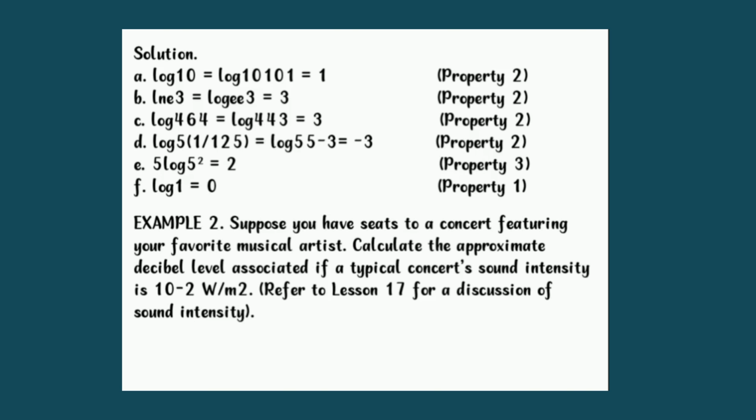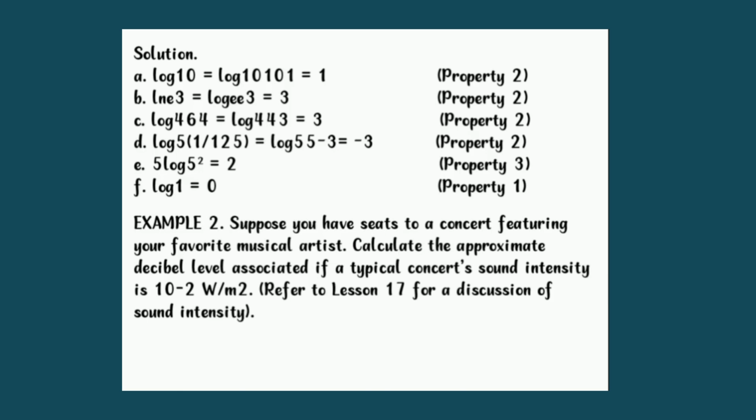For our example number 1, the solution, or the value of the following logarithmic expressions, is here. In letter A, log 10 is equal to log base 10 of 10 raised to the power of 1, which equals 1, and this is property 2.